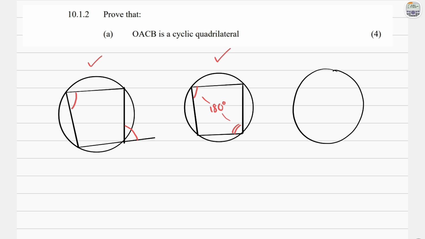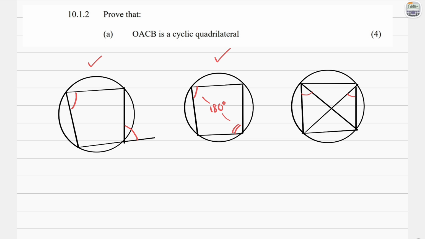And then the last way that you could prove that a shape is a cyclic quad is if you have the shape, it could also just be a quad as well, but as long as you notice that the angles supported by the same chord or arc are equal, then this is also a cyclic quad. And it doesn't have to be all the pairs. You just have to find one pair that is equal, and then you have a cyclic quad.